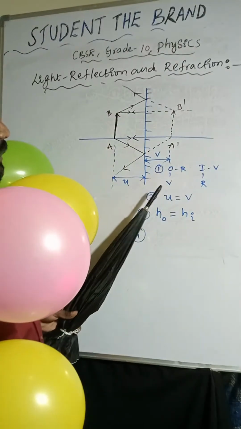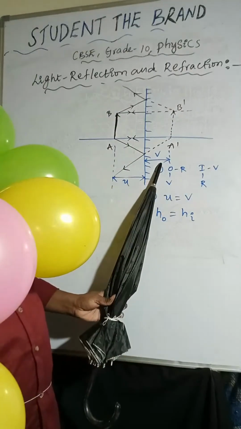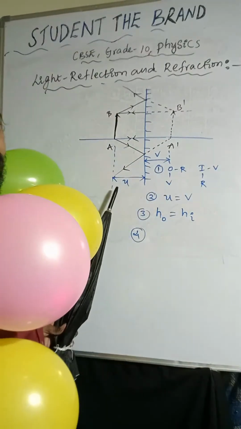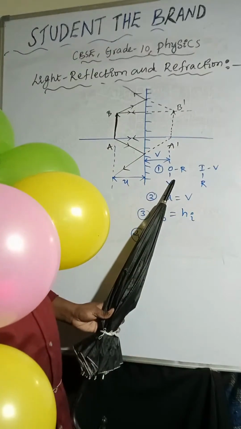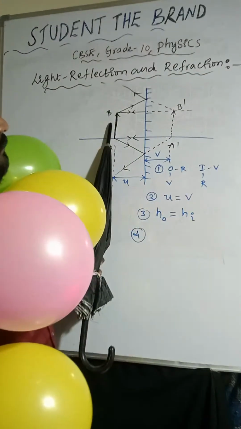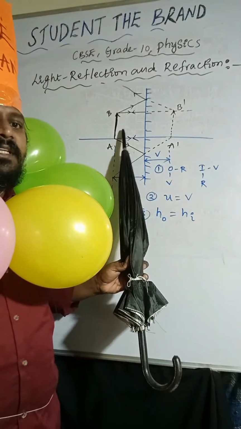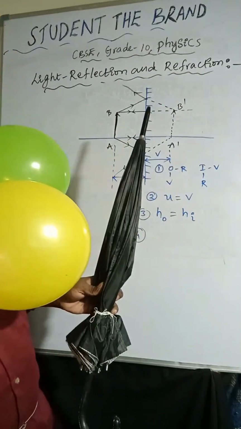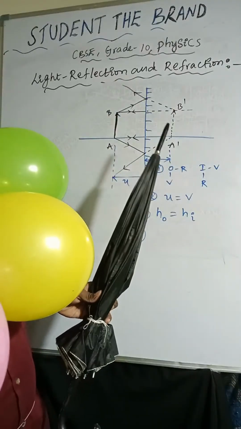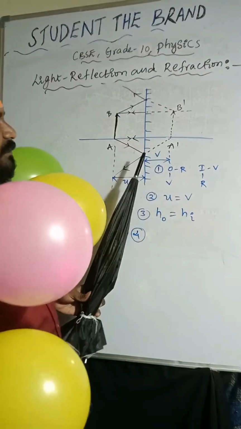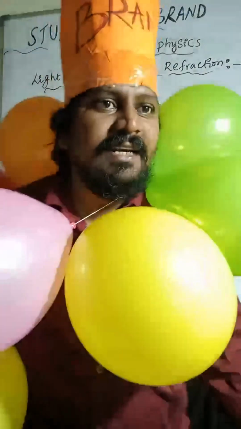And the object distance is equal to the image distance. The height of the object, or size also we can say, is equal to the height of the image. And it also shows lateral inversion.